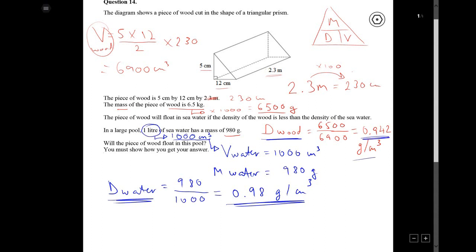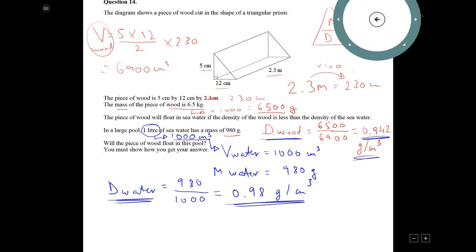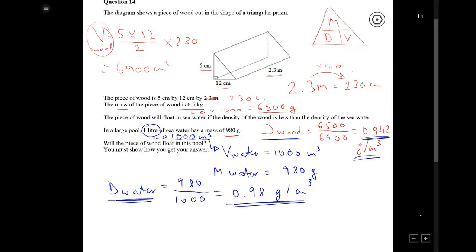I can go back to this, which says the piece of wood will float in the seawater if the density of the wood is less than the density of the seawater. So you can say that the density of the wood is less than the density of the seawater. Personally, I would say it using my inequality signs. So 0.942 is smaller than 0.98.